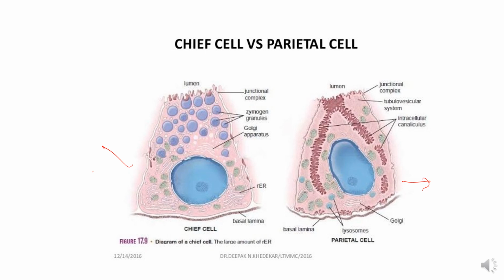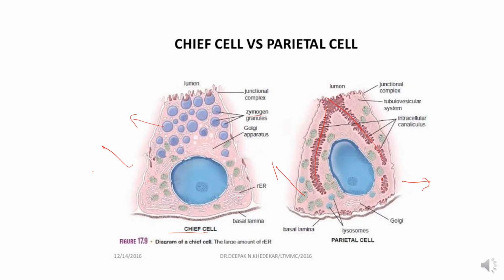In the chief cell, you can appreciate the basal nucleus, abundant rough endoplasmic reticulum, and the apical zymogen granules, which contain the pepsinogen enzyme. In the parietal cells, you can see the spherical central nucleus, abundant mitochondria and the intracellular canaliculi. These are the main features of the two cells.